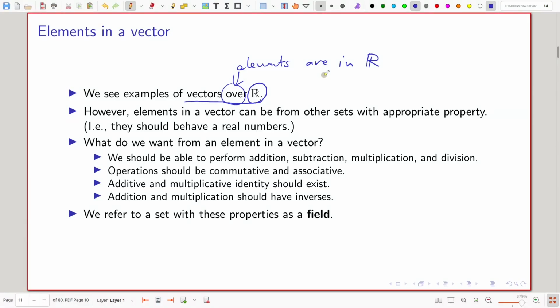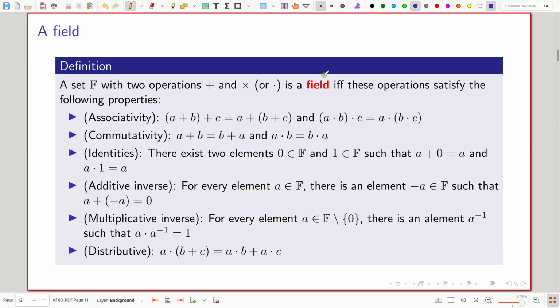But it doesn't have to be just real numbers. It can be some other form of numbers that supports some of these operations. These are the operations that we need so that we can use it as a vector: addition and multiplication over these numbers. Real numbers are one example, but there are other examples as well.